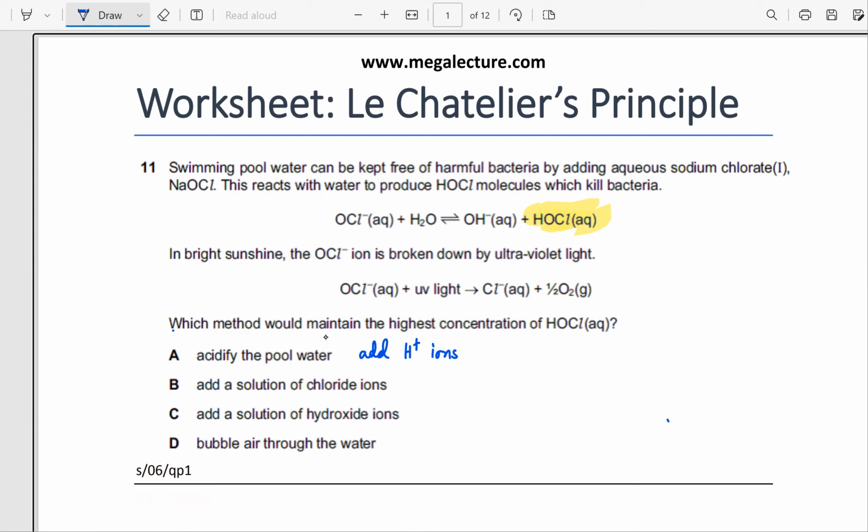So you're adding H plus ions. What will adding H plus ions do to this reaction? Is it neutralized? Remember the H plus ions, they tend to neutralize OH ions, right?